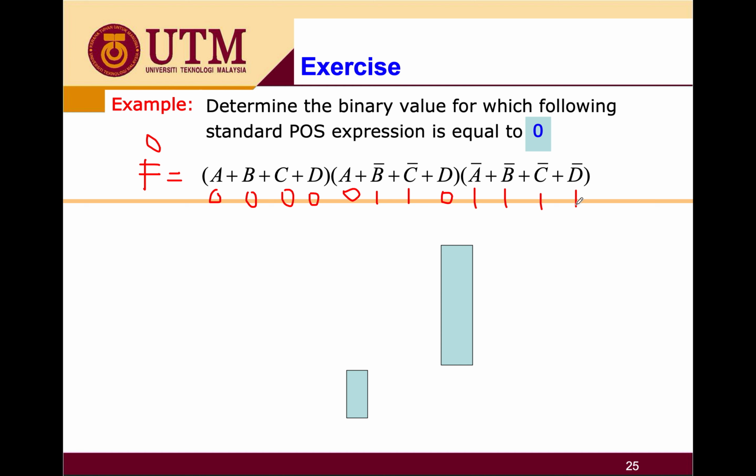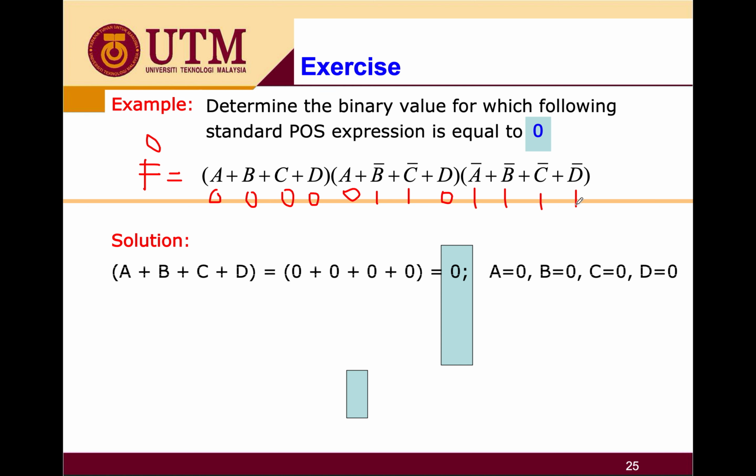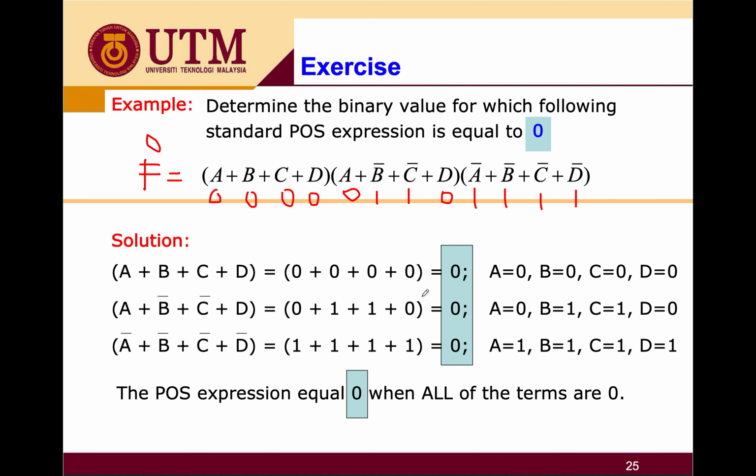After you have this kind of numbers, then you will get the solution like this. Let me check. The POS expression equals 0 when all the terms are 0. You can see the term. This is the term. This is the term. So when all the terms are 0, then you will get the final output which is 0 also.